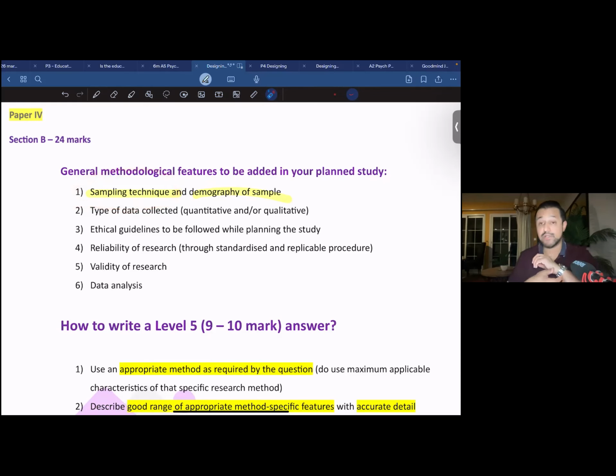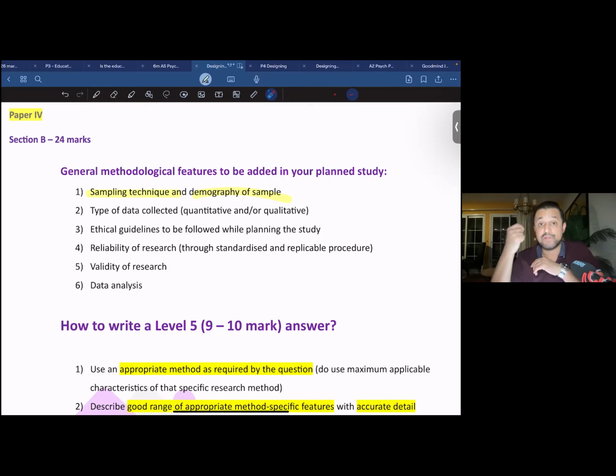Another tiny little thing that I'd like to add at this point. Many students, let's say, would say a random sampling method was used. No, do not write that a random sampling method is used. Specify how it is a random sample.